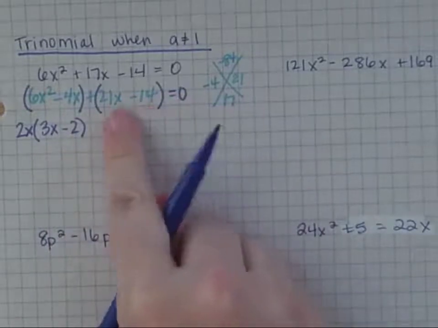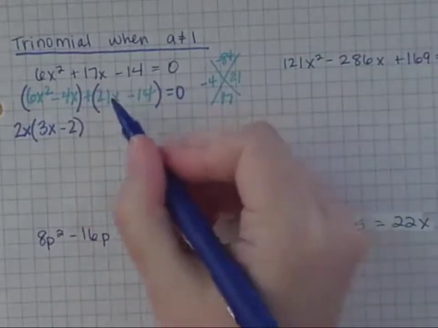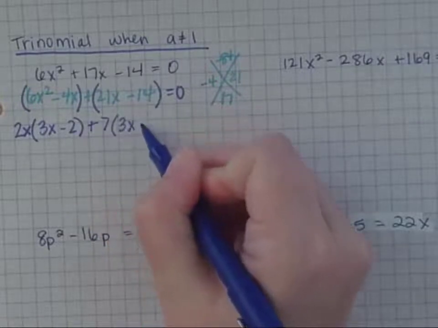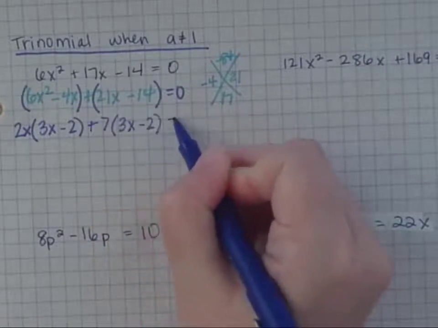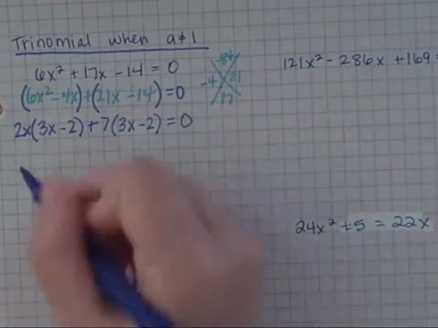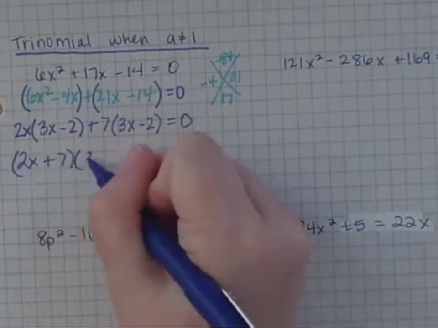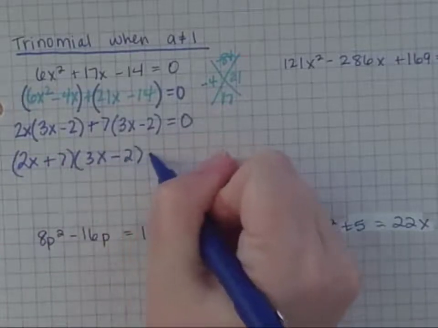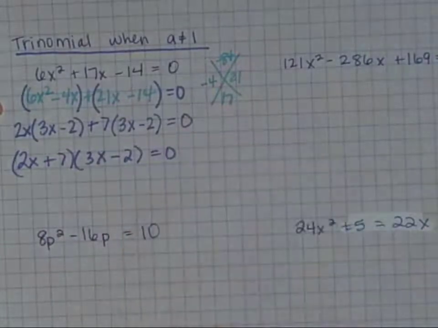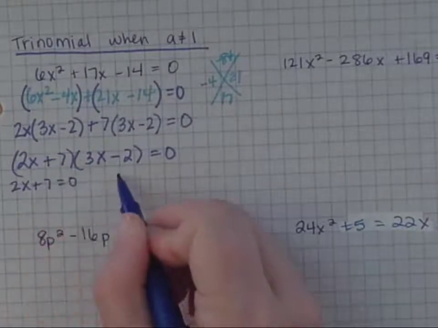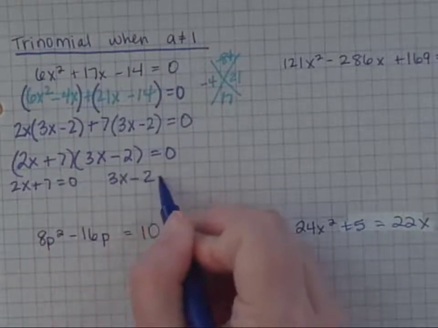Coming out of my second group is 7, and I'm left with 3x minus 2. Okay, so 2x plus 7 times 3x minus 2 equals 0. So zero product property says that 2x plus 7 equals 0, or 3x minus 2 equals 0.